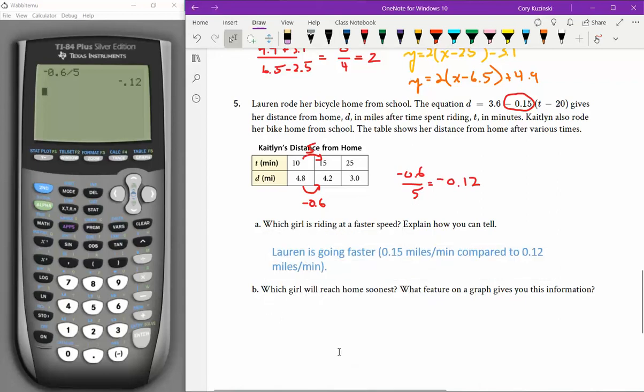And which girl will reach home the soonest? Well, there's a couple ways we could do this. Let's look at Lauren. When's she going to reach home? Let's use an equation. So when will her distance be 0? So we can solve this.